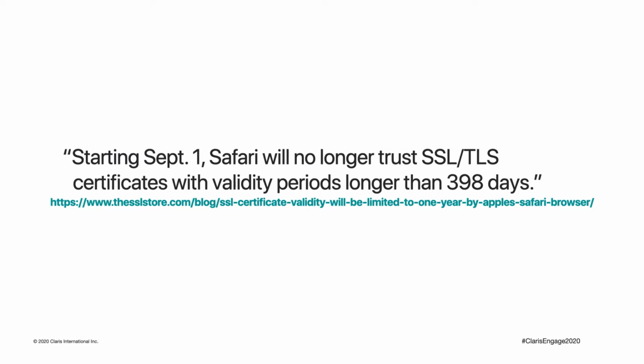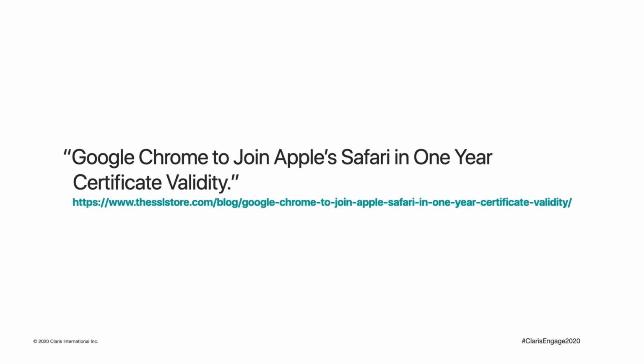And not only Safari will do it, but also Google Chrome will join Apple's rule. So in fact, even if your operating system is trusting it, you should replace all your certificates before the 1st of September if they have a validation period longer than 1 year.